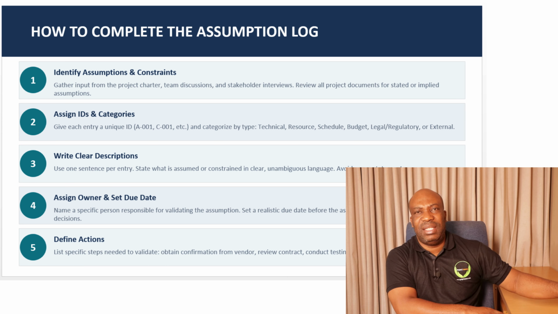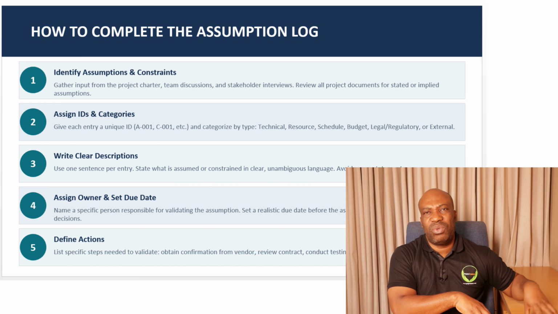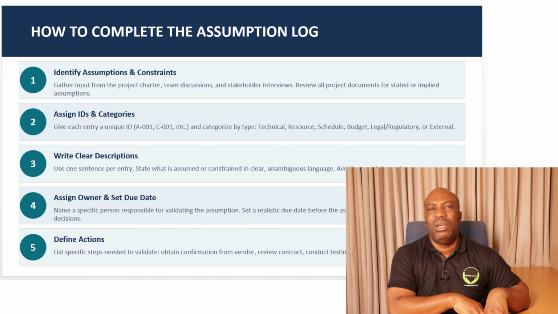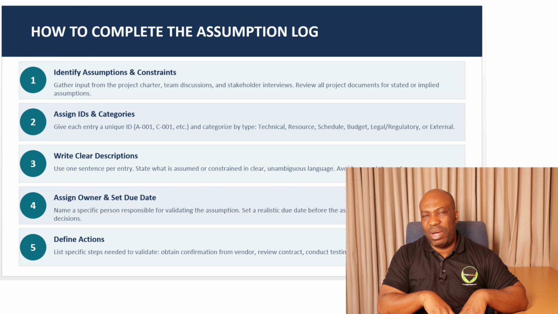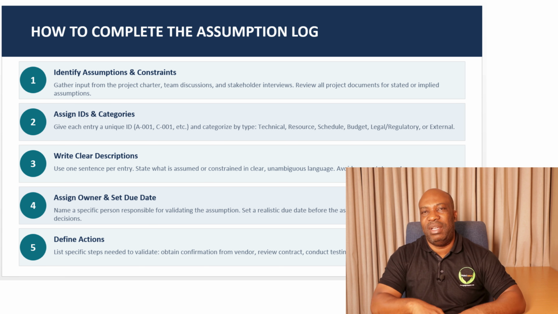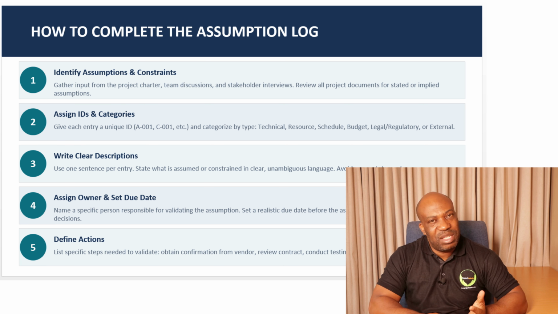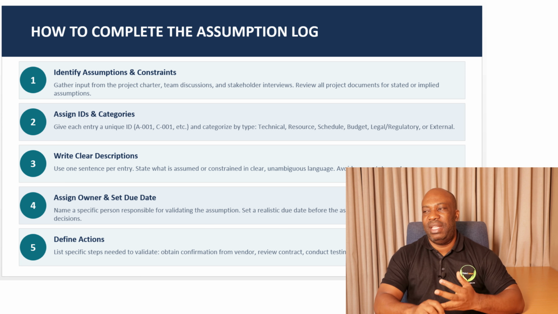There's no one called ICT. If it's possible, try to put the actual name of the person who's going to validate that assumption, who's going to make sure that the assumption is something that can be used throughout the project, or something that can be proven untrue and therefore moved to become a risk. So there must be a responsible party set up, and the due date should also be there.